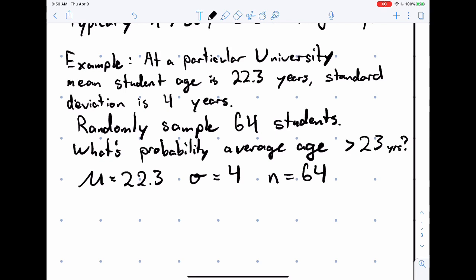And it's asking, find the probability that the average age is greater than 23. So x bar is the average age in the sample of size 64.